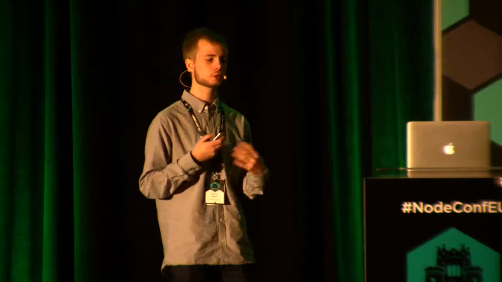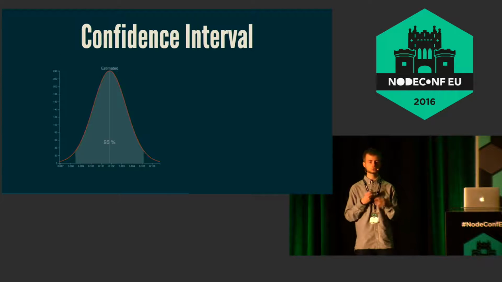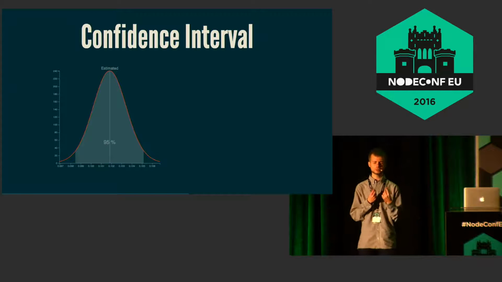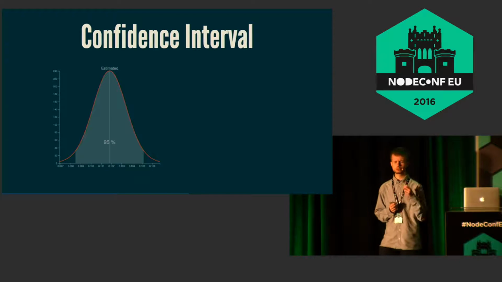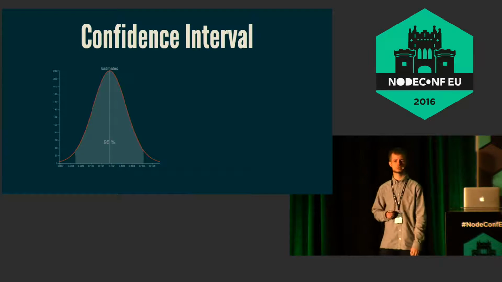But watch what happens when we increase the number of observations. Then we get more certain, and now we can ask ourselves, how certain are we? So it turns out that if you take the 95% probability, 95% area, then there's a 95% probability that the true performance, not the estimated, but the true performance, is inside the corresponding interval on the x-axis.